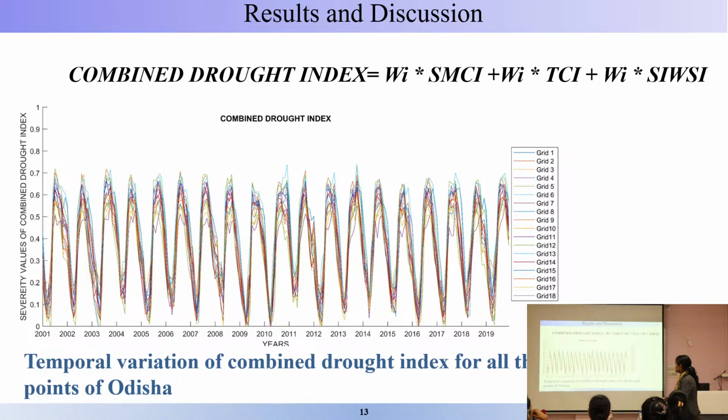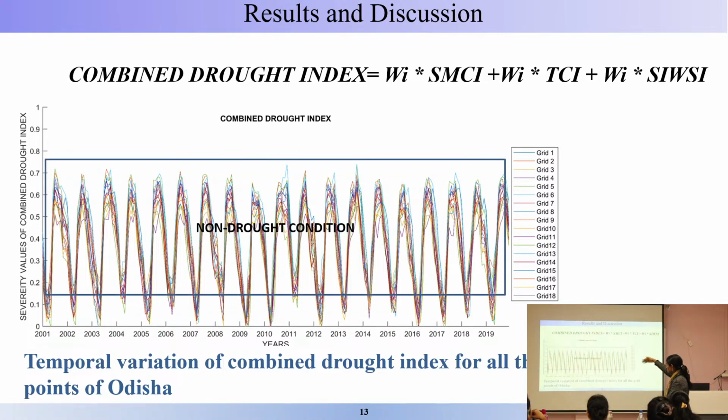Here also you can see the values are going below 0.2. When the values go below 0.2, it is a drought condition. When they are above, it is a non-drought condition. Yeah, so below 0.15 or 0.2 or so, drought is supposed to be declared.